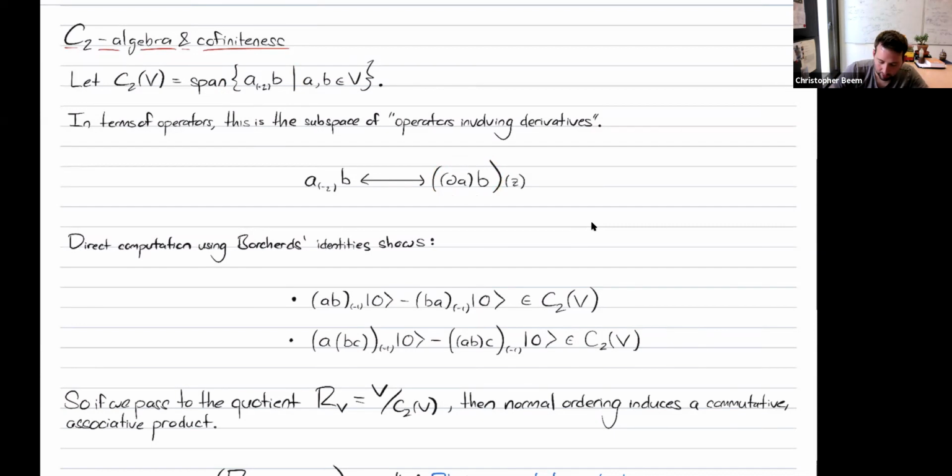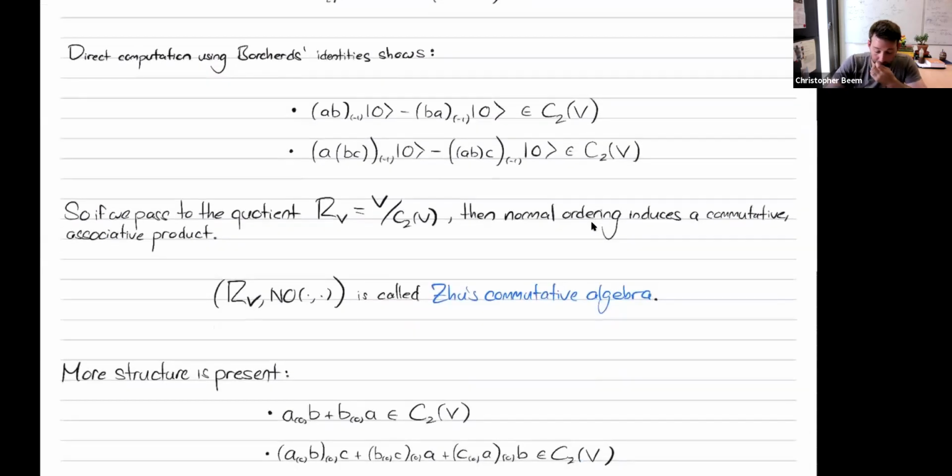It requires a little exercise, but you can show that if you take an arbitrary normally ordered product of a bunch of fields with nesting of parentheses however you like, and if there's a derivative acting anywhere, then that thing lives in this space. You need to use various reordering rules to show it, but it's true. So morally speaking, and in fact technically speaking, this is the subspace of all of the states whose corresponding operators involve any derivatives.